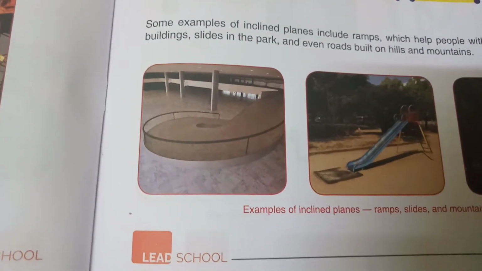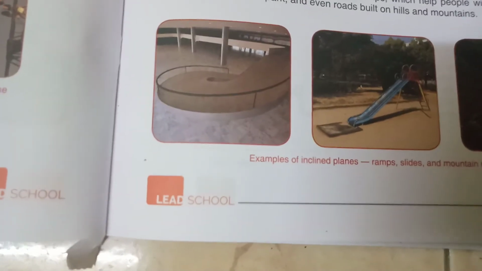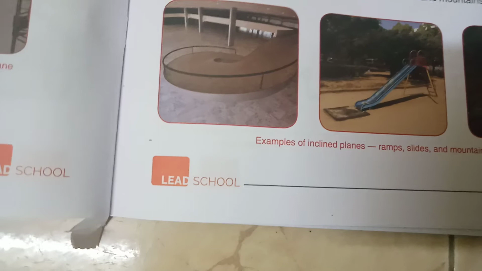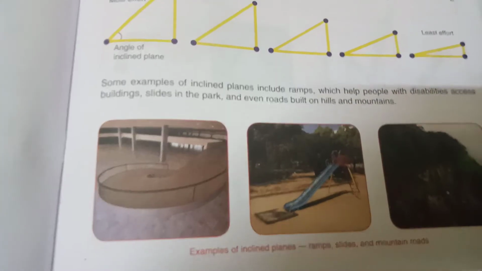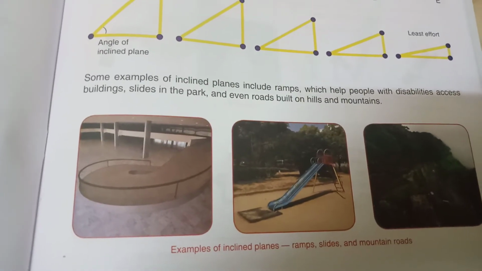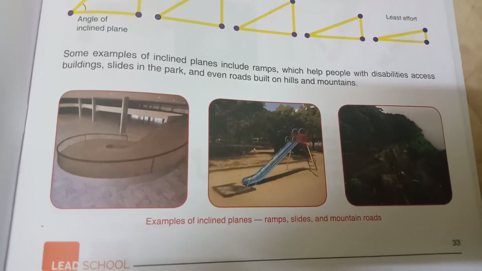In our school also, you can see at the entrance of the building, on one side you have a slope and on one side steps for the wheelchair to move. So roads built on hills and mountains. These are all examples.